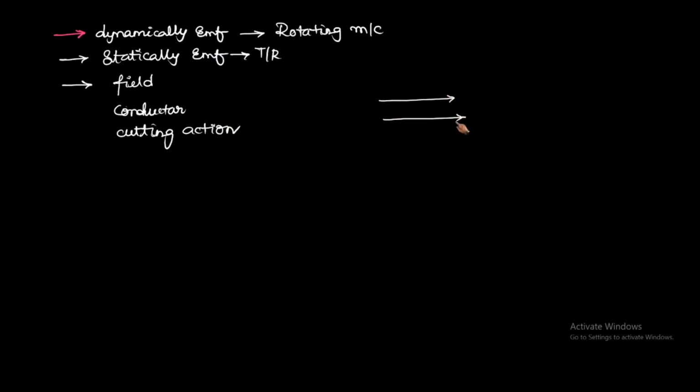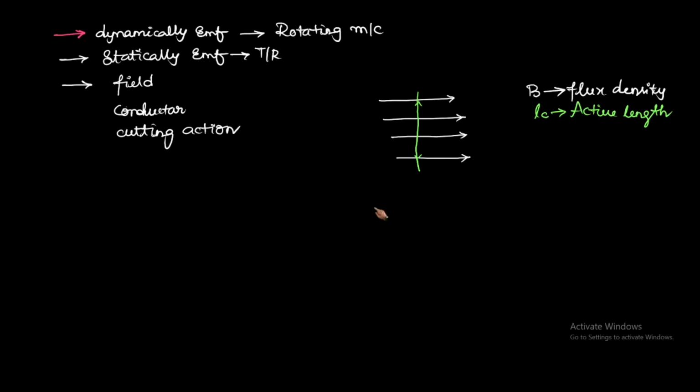Let the flux lines have flux density B. The conductor has an active length, meaning the length of the conductor in the field.